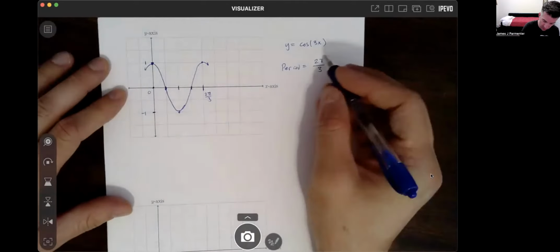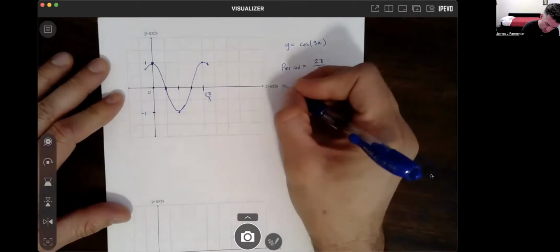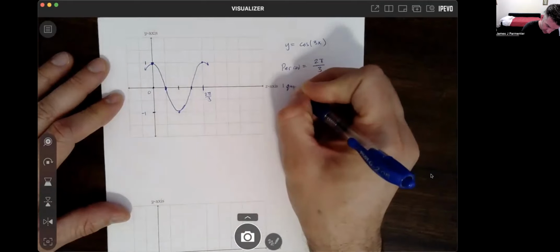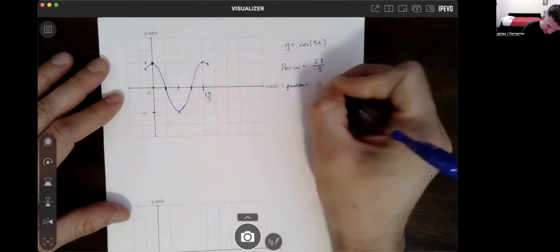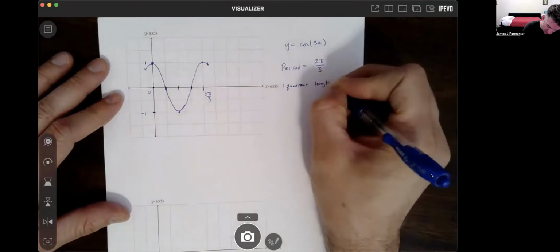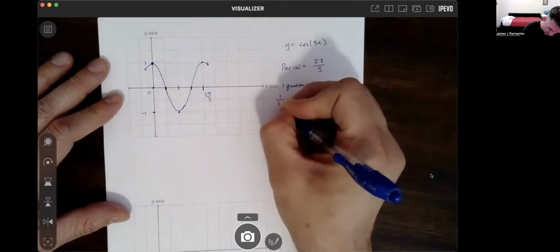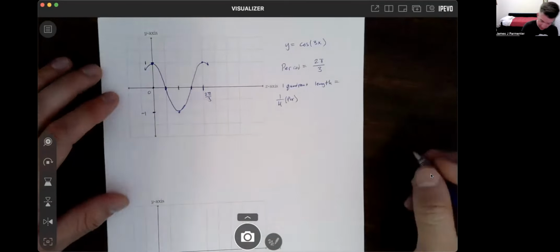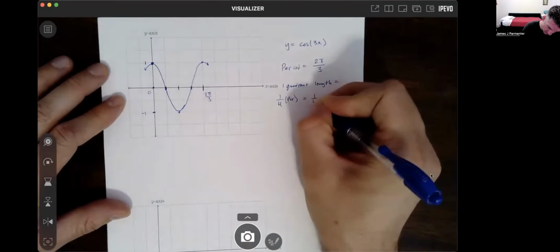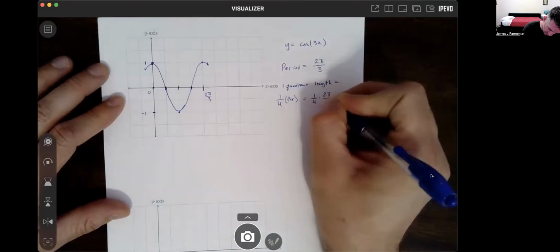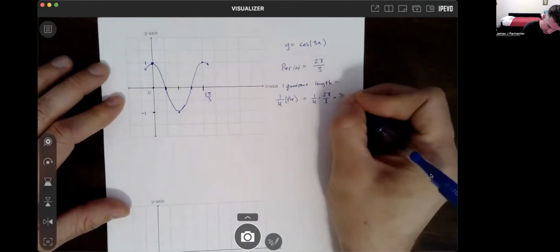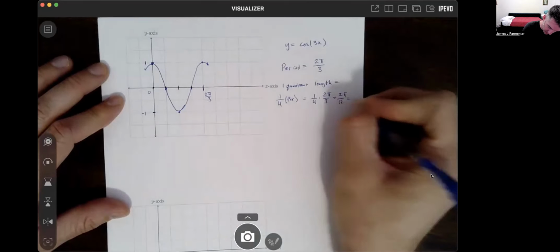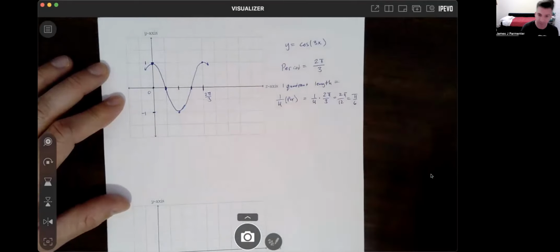So what we're going to do is we're going to say, well, if that's the period, 1 quadrant length, which I know is a lot to write, I would really just write 1 quadrant length is 1/4 of my period, or my period divided by 4. That's just going to equal 1/4 times 2 pi over 3. That's going to be 2 pi over 12, which reduces down to pi over 6.